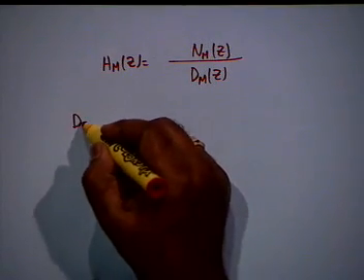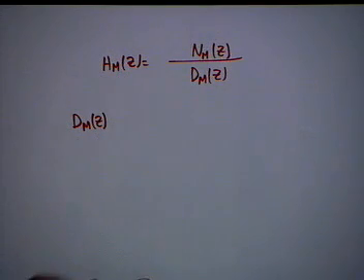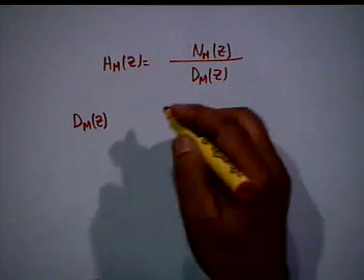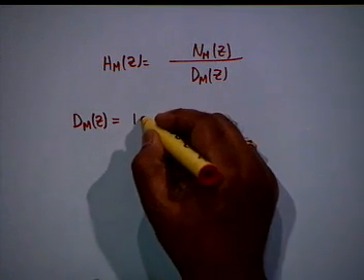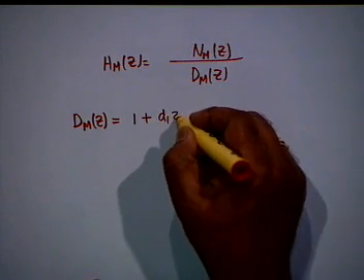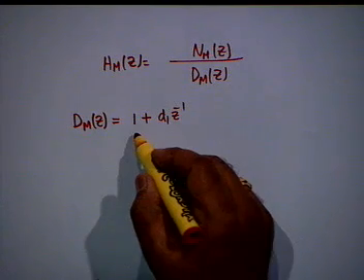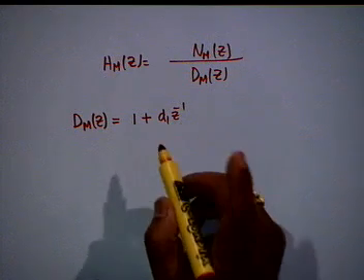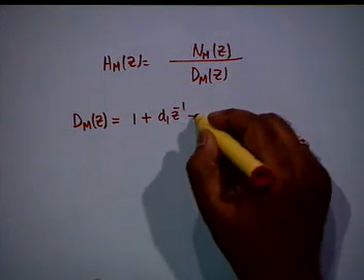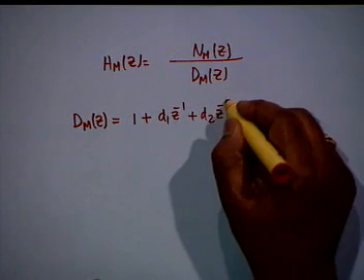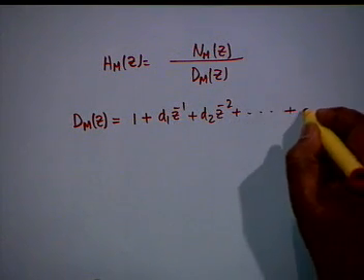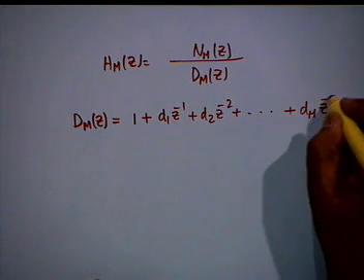Testing for stability means we test the roots of D_m(z) and find whether all the roots are inside the unit circle or not. Let D_m(z) be written as 1 plus d1 z inverse, this is the discipline we follow, the constant term is 1, plus d2 z to the minus 2 plus etc. plus d_m z to the minus m.